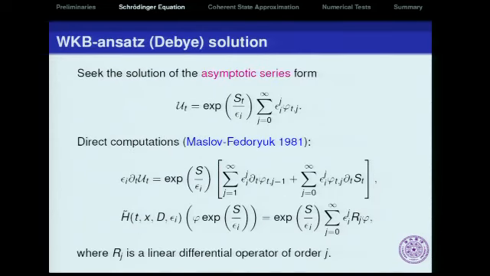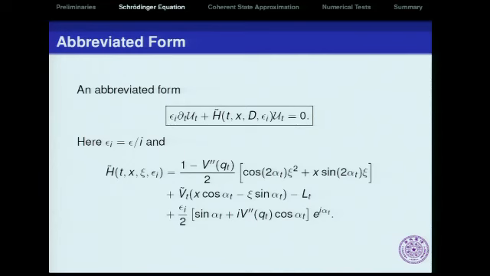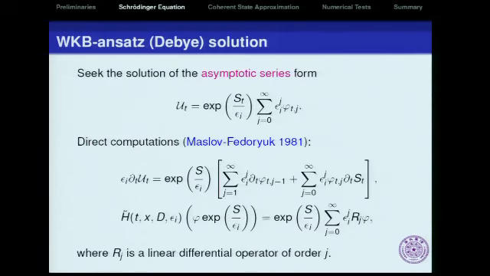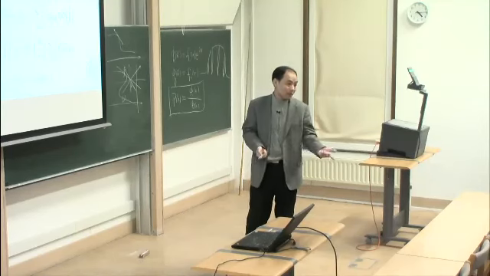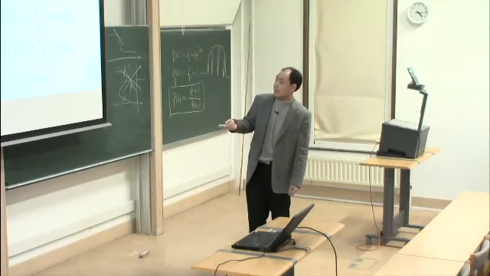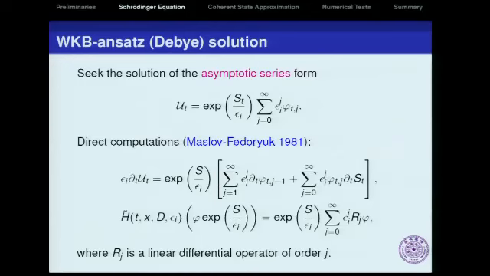Suppose it's like this. Here S_t is a real phase function, and here phi is a sequence of amplitude functions, and I substitute this into the equation. You can just do some direct computation following Maslov, and you derive this equation.